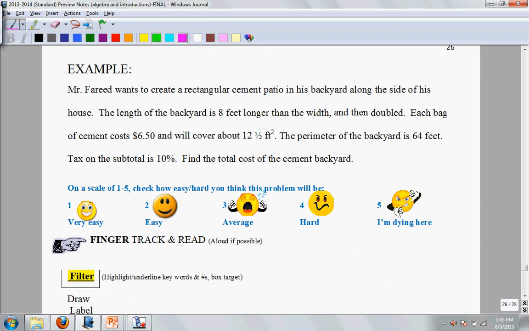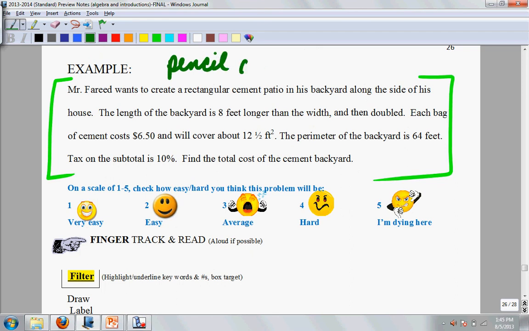What I'm going to do right now is just read this problem. I'd like you to put your pencil down, please. Pencil down. I don't want you to do anything with your pencil right now. Ready? Okay, I'm going to start here. I'm just going to read out loud, so just listen for a moment. Mr. Fareed wants to create a rectangular cement patio in his backyard along the side of his house.